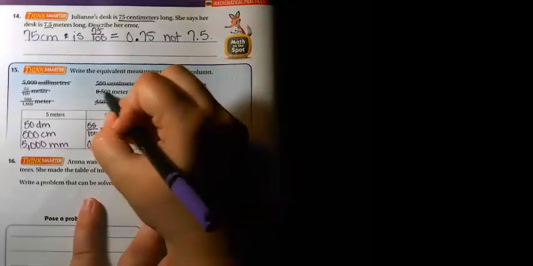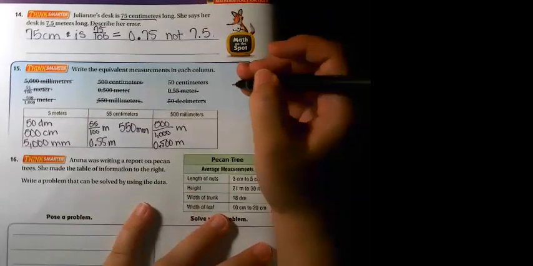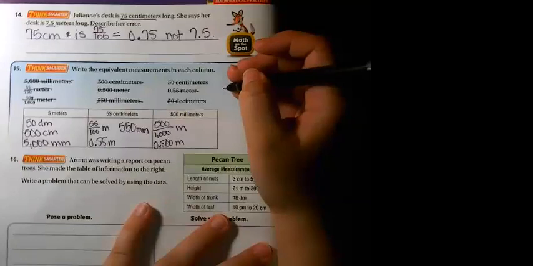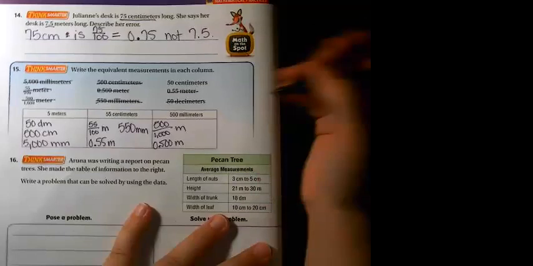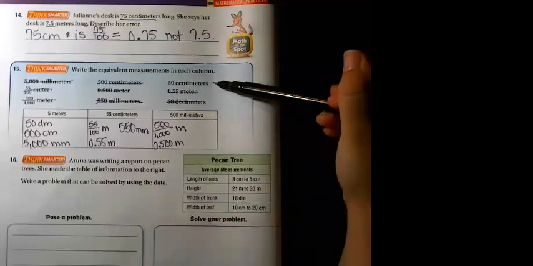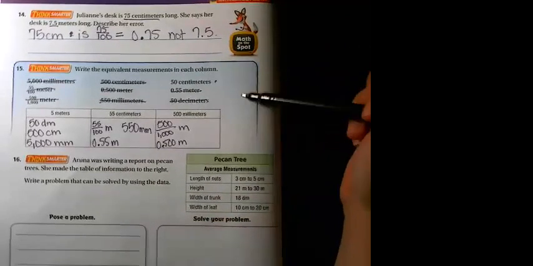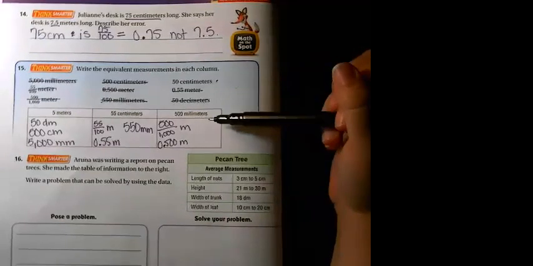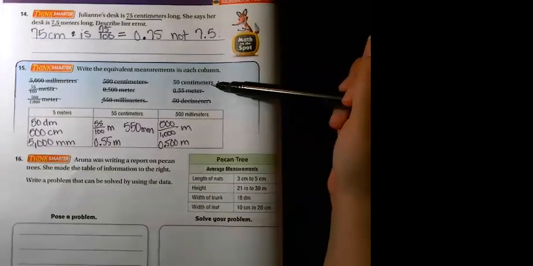Okay, and the last one, we just have to check to make sure that it'll fit into our box before we put it there. So it says that 50 centimeters would be equal to 500 meters. Okay, so check that. We have 50 centimeters, and we need to see if it's equal to 500 millimeters.